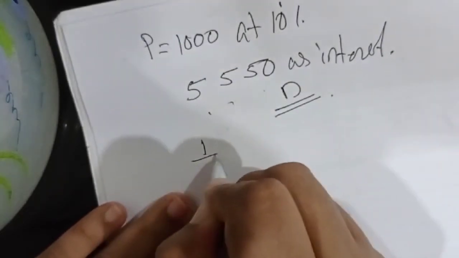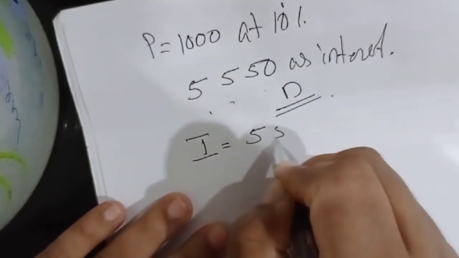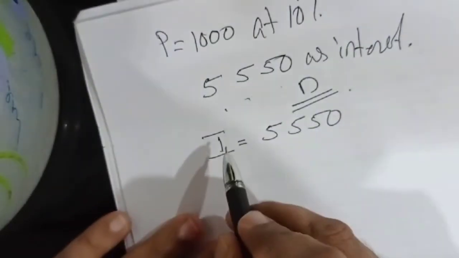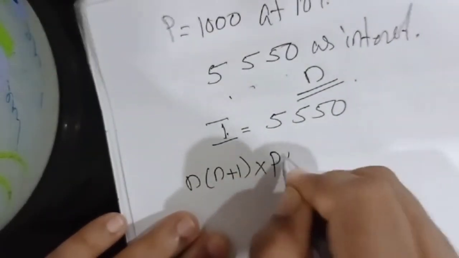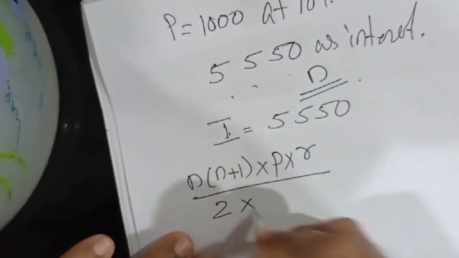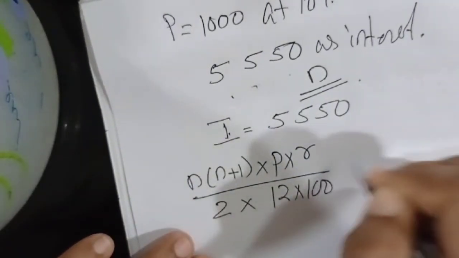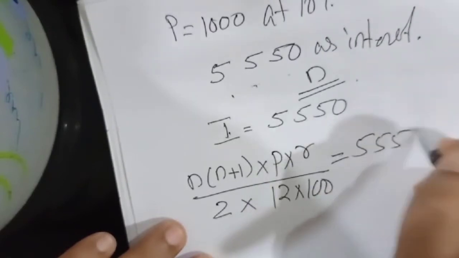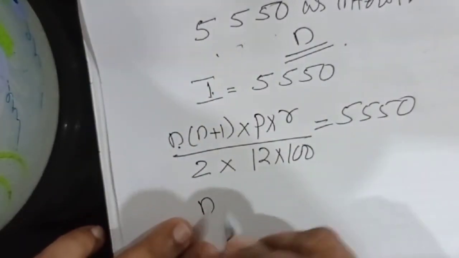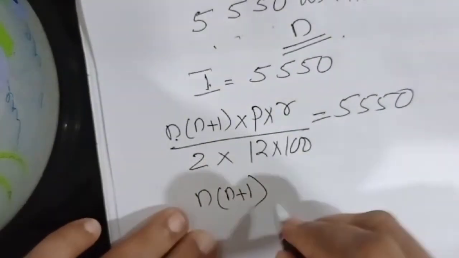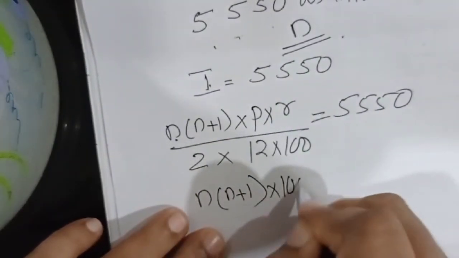Here also copy that I is equal to 5,550. The formula to find I is n into n plus 1 into P into R by 2 into 12 into 100. That is equal to 5550. N means not given. N plus 1 is also not given. P means 1000.